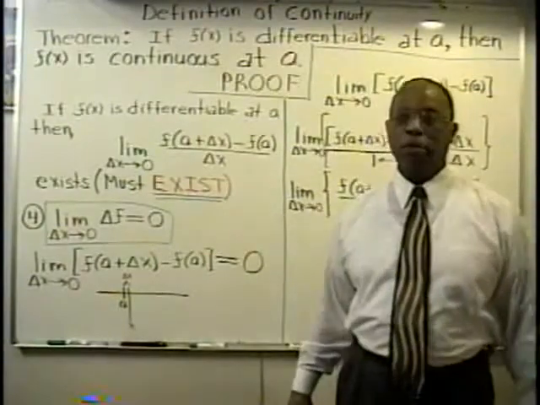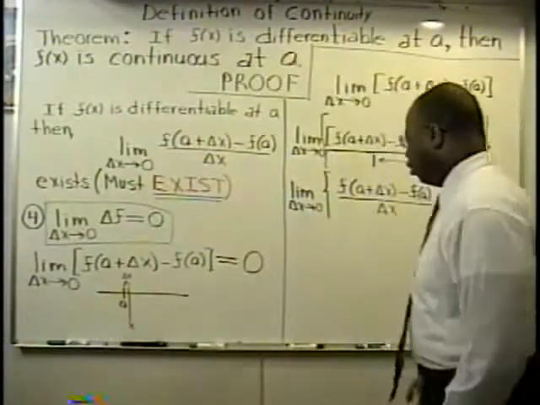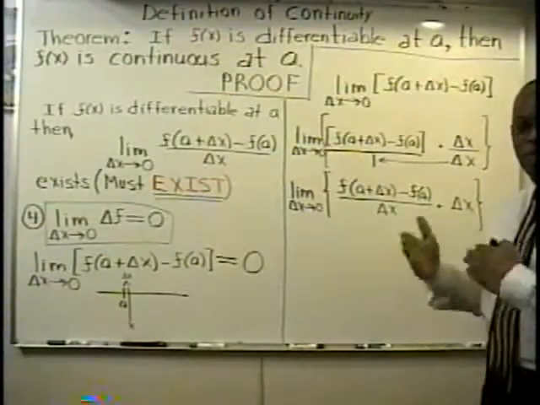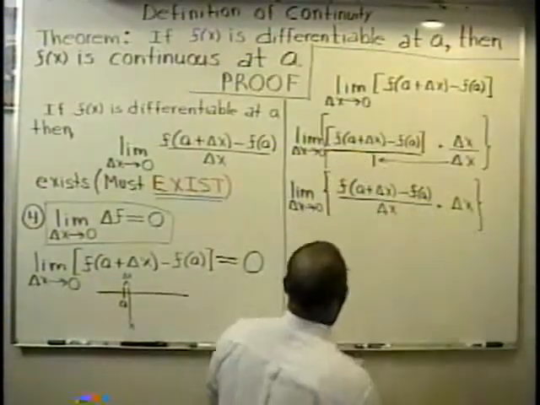Patricia, Linda? Good? Okay. Now, our next step, we're going to use the theorems of limits. We're going to basically distribute this limit through. Let's go to the next line.